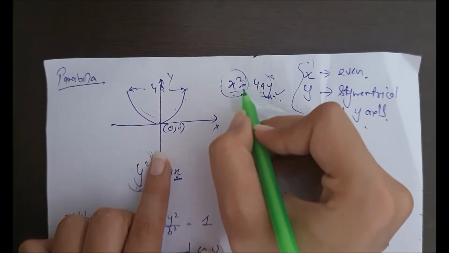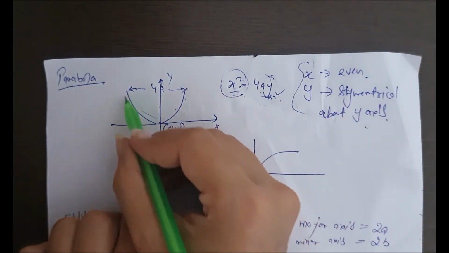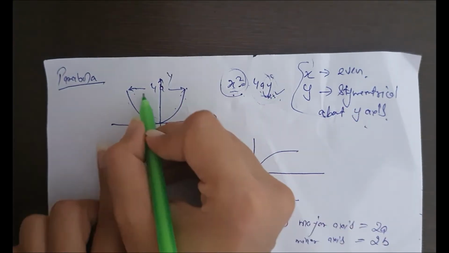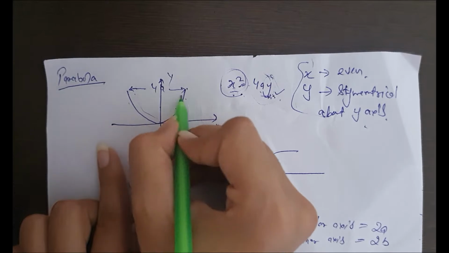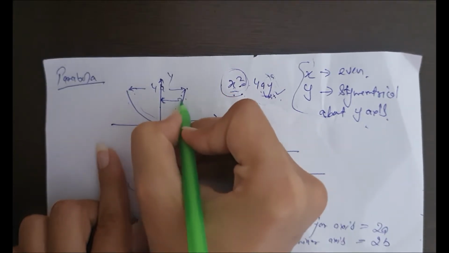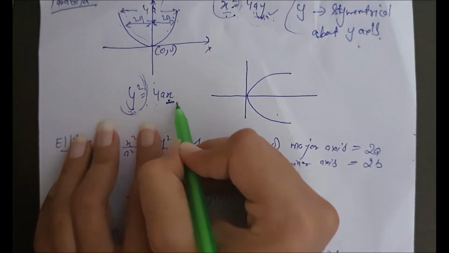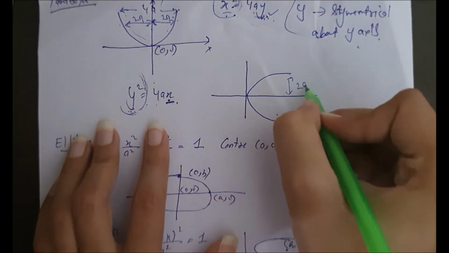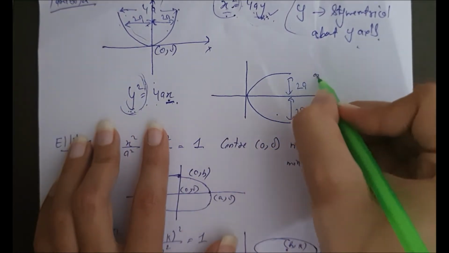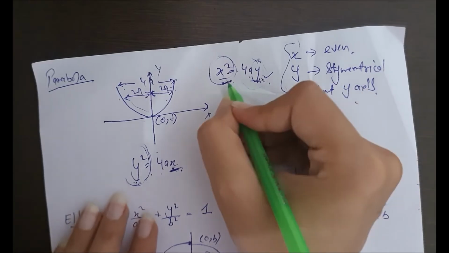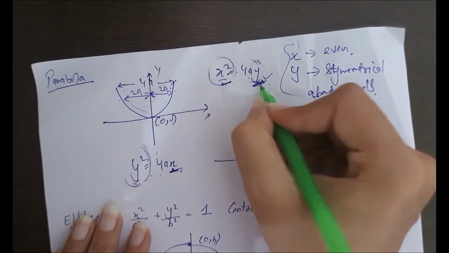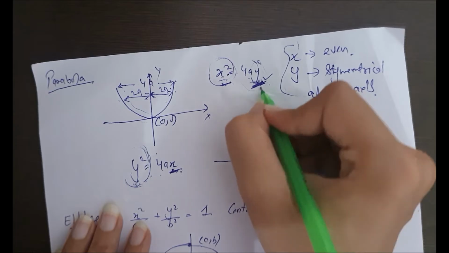So if equation is x square is equal to 4ay, then this is symmetrical about y axis and its latus rectum is 4a. It means this is 2a and this is 2a. If equation is y square is equal to 4ax, it means this is 2a and this is 2a. Latus rectum is 4a. If power of one axis is even, then function would be symmetrical about other axis.